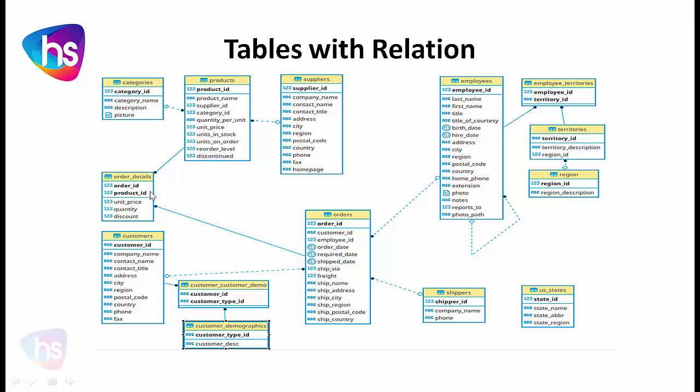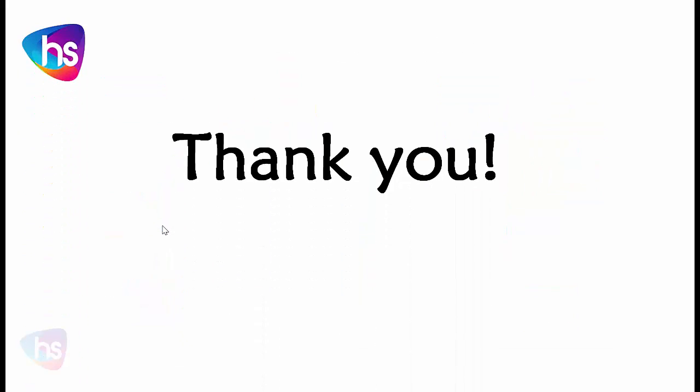Order details will have an order ID and product ID with the respective unit price, quantity, and discount. This is a store database management system RDBMS structure. For basic understanding, I have given you this explanation of how we structure tables in a database.